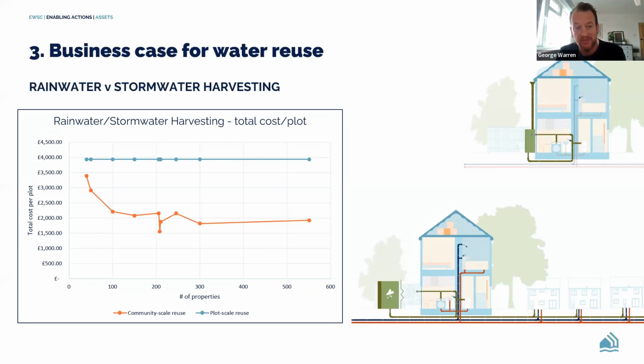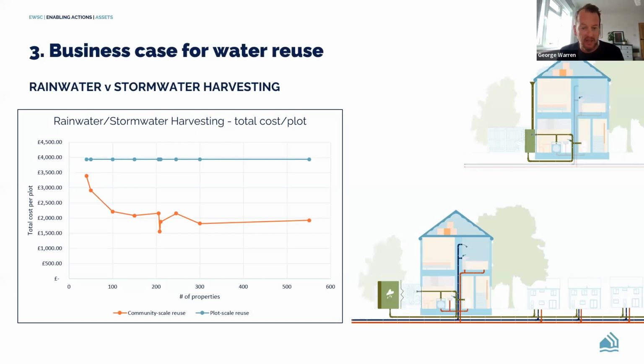But then there is a large cost associated with tackling the community scale reuse, which, as I said before, could well be incorporated into the SUDS strategy. And I think what you're seeing here is that actually at the community scale, there is not an extra for collection here, which is probably the reason it's coming down so much.